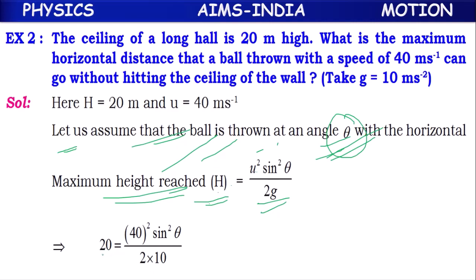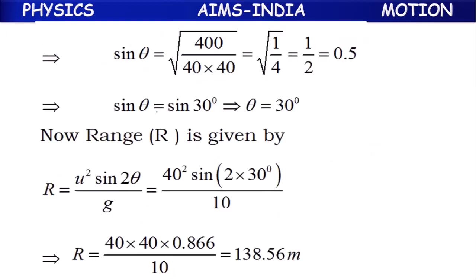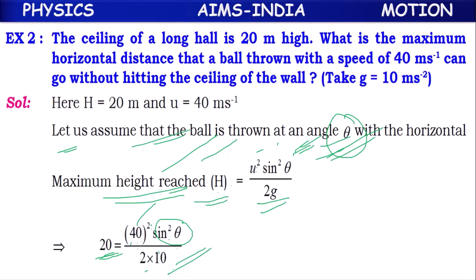Suppose the maximum height is 20, then what will be theta? u value 40, so 40 square sin square theta by 2 into 10. We have to find sin theta here, so we will take all values this side: 20 into 2 into 10 is 400, by 40 into 40, equal to sin square theta.